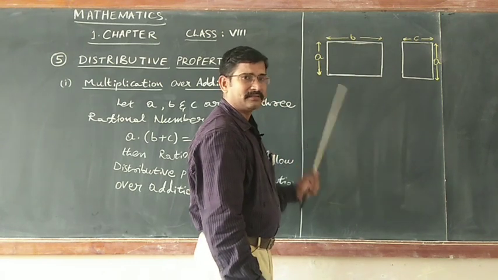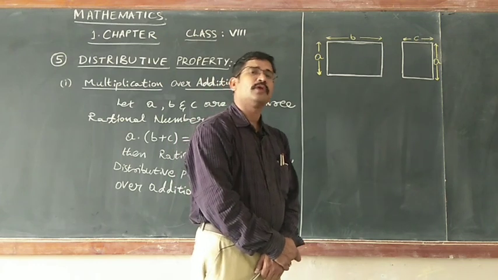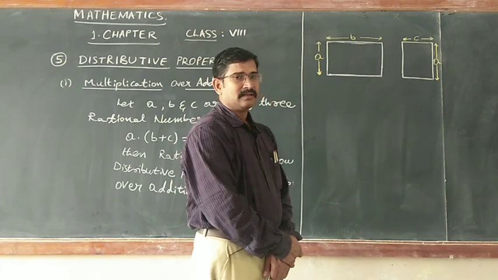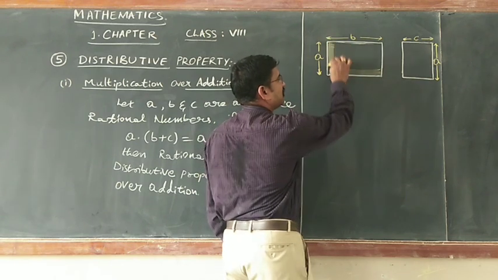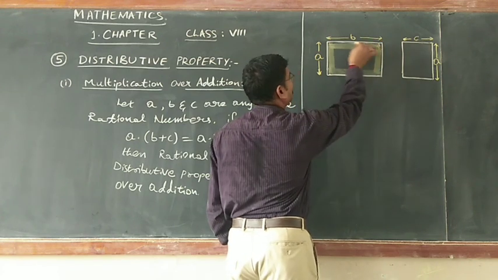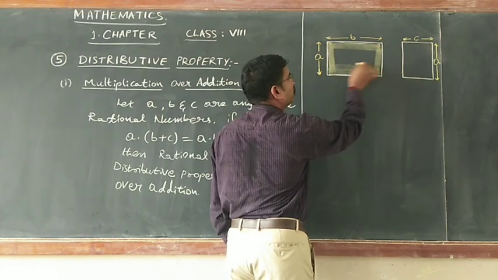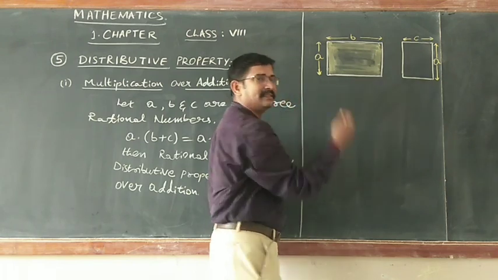It has got certain length and breadth. We normally call length and breadth of a rectangle as two dimensions. See children, here the area, that is region bounded by rectangle. The area of a rectangle we normally call it as the region bounded by rectangle.